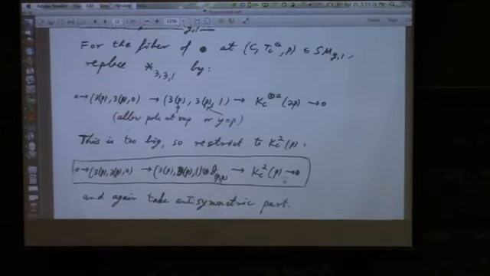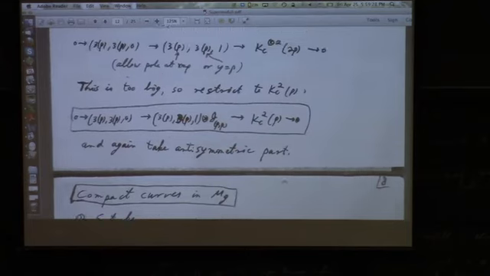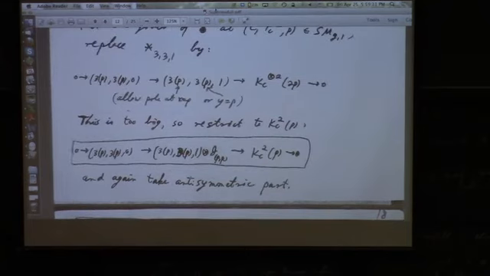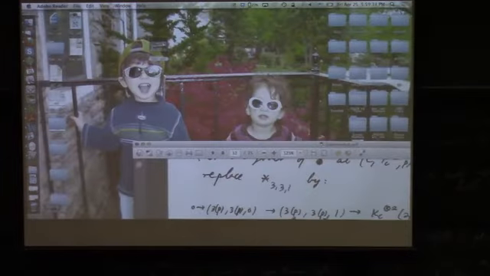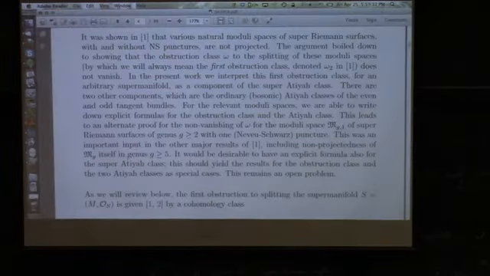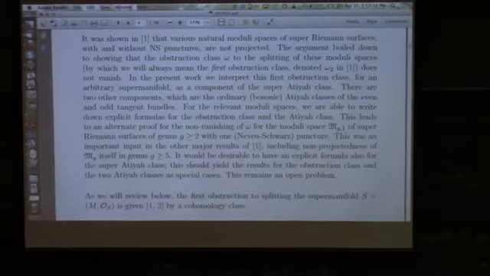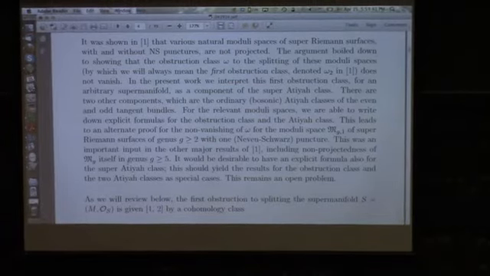All right, so I might tell you something about the compact curves that I need, but let me switch gears a little. I want to put these obstruction classes in a context.